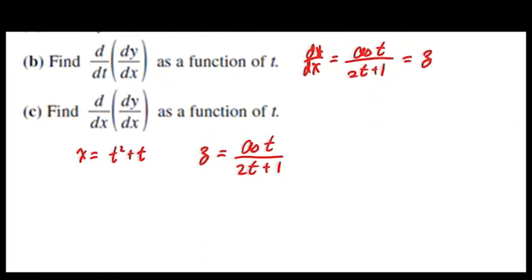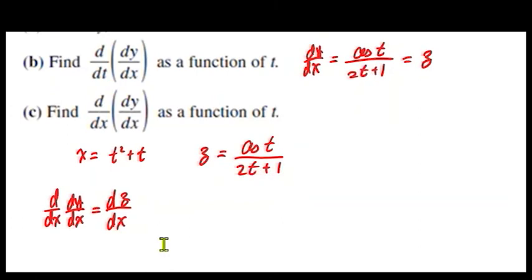Then all we have to do is take dz over dx. Now, dz over dx, of course, is the same thing as this, and in fact, that is what our second derivative is.